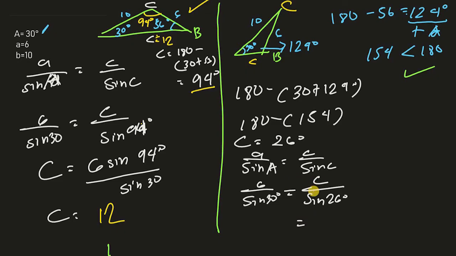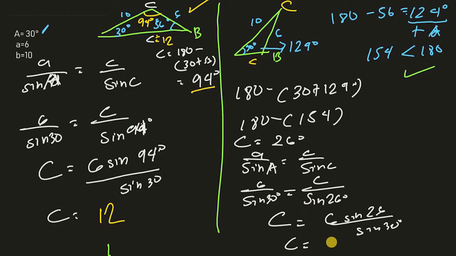Next thing to do, let's cross multiply. So C would be equal to 6 sine 26 over sine 30. Evaluating that, 6 times sine of 26 divided by sine 30 is equal to 5.26. So C is approximately 5.